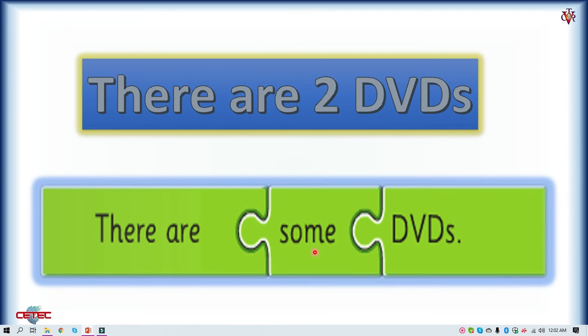Let's see this example. There are 2 DVDs. There are some DVDs. Here, in this case, you can use the word are with a number or some; both are very similar. Are is for plural. Some is for plural. The difference is that with a number we refer to more than two, it's plural.